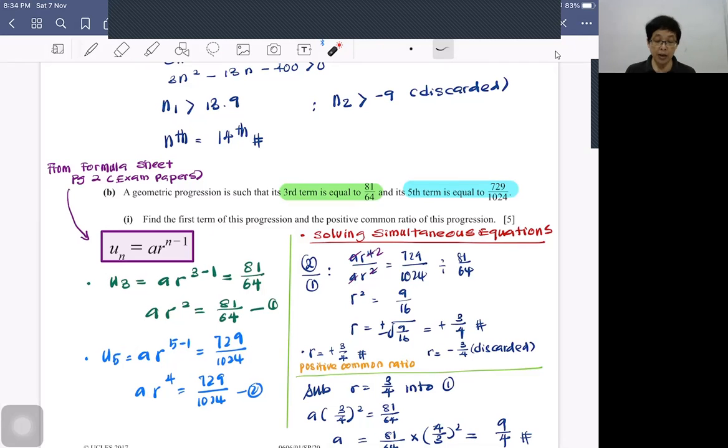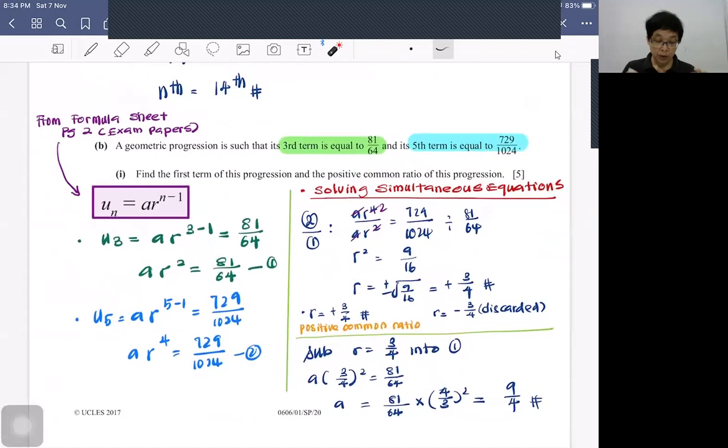Part 1: find the first term of this progression and the positive ratio of this progression. 5 marks allocated. With the clearly stipulated geometric progression, you just know what to do.